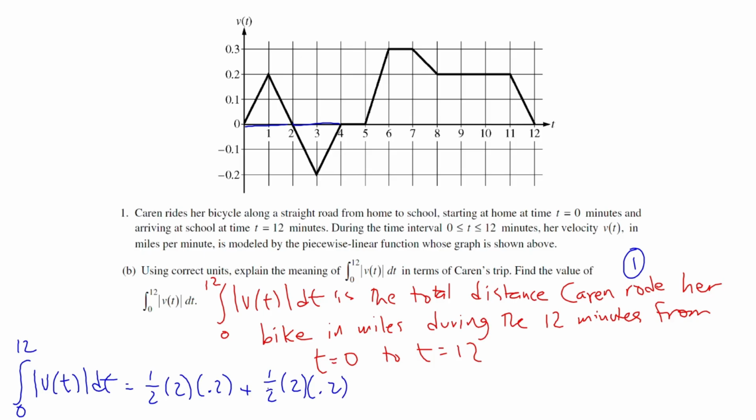And then the next one here, we've got this triangle here, which is going to be 1/2 of the base, which is 1, times the height, which is 0.3. And then we've got that rectangle, which is 1 by 0.3, so that'll be 0.3. And then we've got this section here that's a trapezoid.